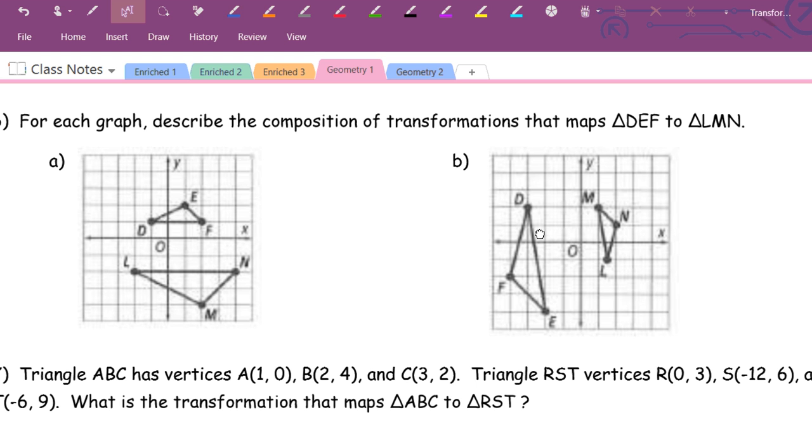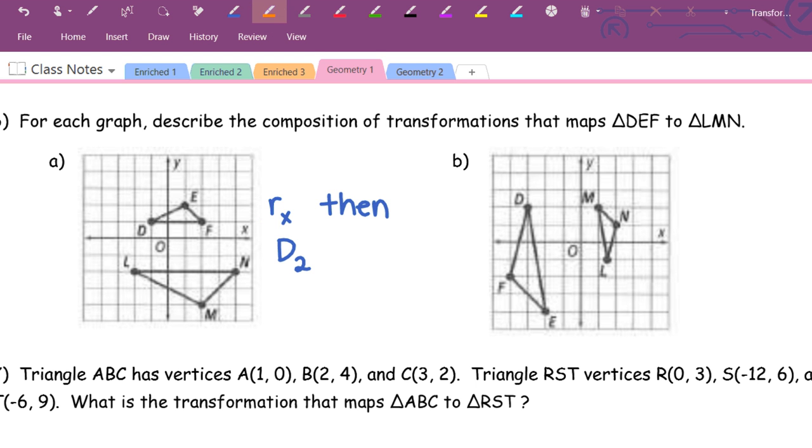First thing that I would do, it doesn't matter the order of these transformations, I would advise an x-axis reflection, and then a dilation by a scale factor of 2 centered at the origin. And the way that you can tell that is, use that same trick as before.